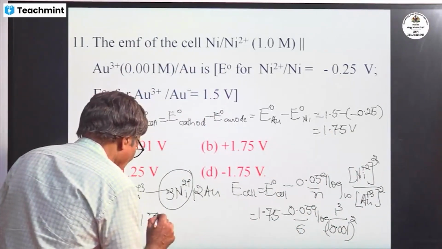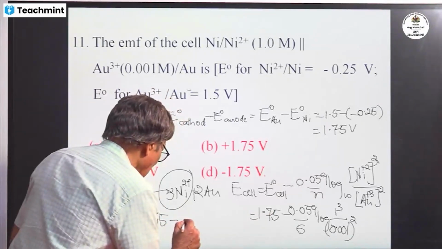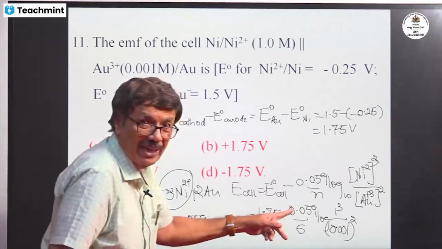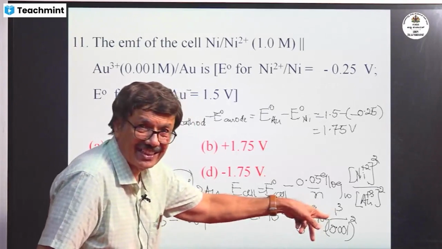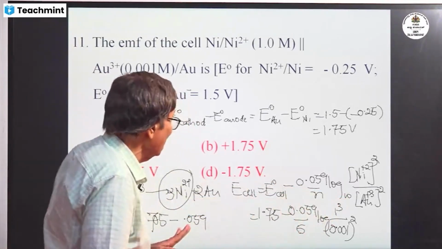So the value will be 1.75 minus 0.059, because this 6 gets cancelled with that 6. Log 10 to the power 6 is 6, that is cancelled. So what is the right answer now?